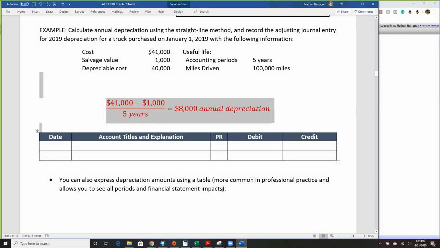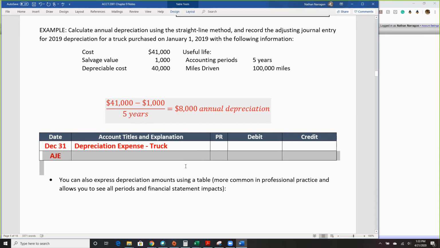For us to record this depreciation on December 31st, we'll have depreciation expense as our debit, and we're going to credit accumulated depreciation. And it's going to be for $8,000. Okay? It's really what we do each year.